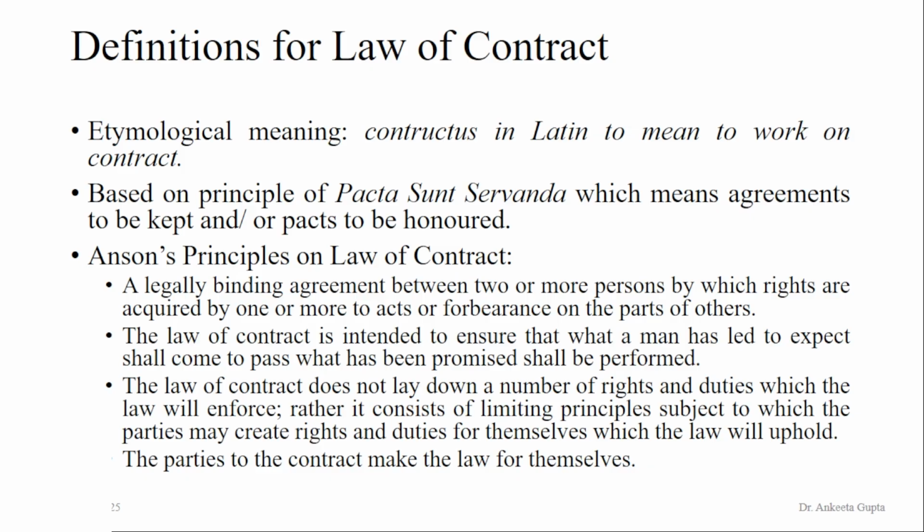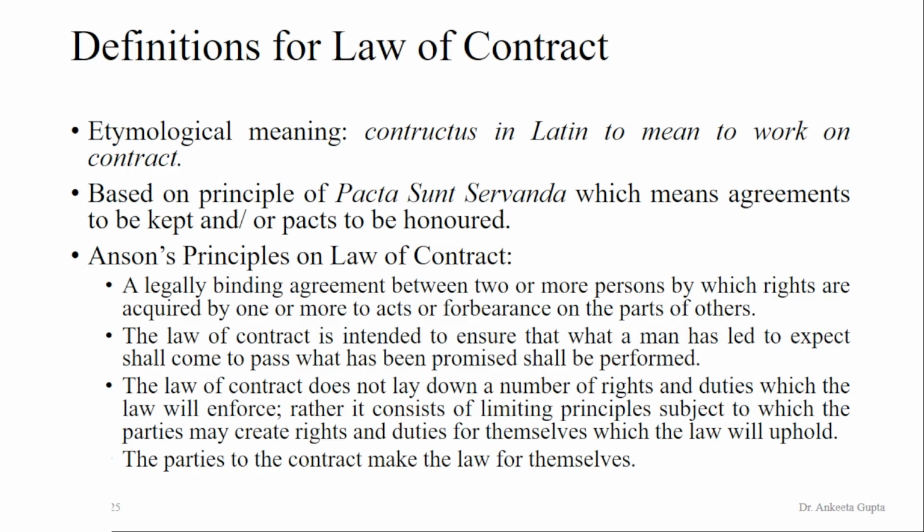So what Anson says is that a legally binding agreement between two or more persons by which rights are acquired by one or more to acts of forbearance on parts of others. So, according to him, the law of contract is a binding agreement between two or more persons. So, we are looking at individuals or we are looking at legal entities, because persons in today's scenario mean legal entities as well.